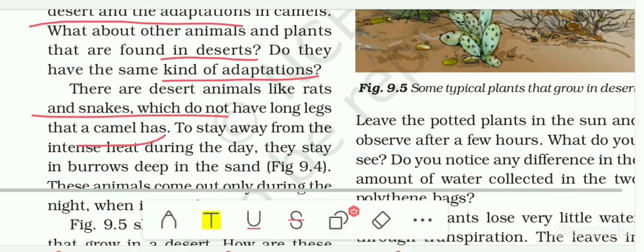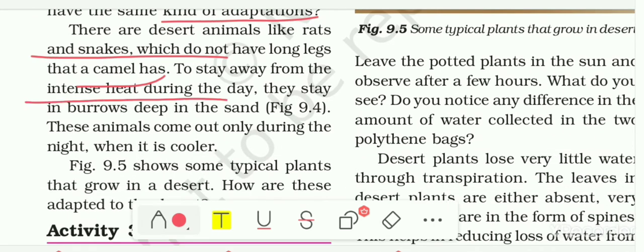So to stay away from the intense heat during the daytime, they stay in burrows deep in the sand. Burrows means holes deep in the sand. They live in the holes deep in the sand, and these animals come out only during the night when it is cooler, when the surrounding is cooler, they come outside from the burrows.